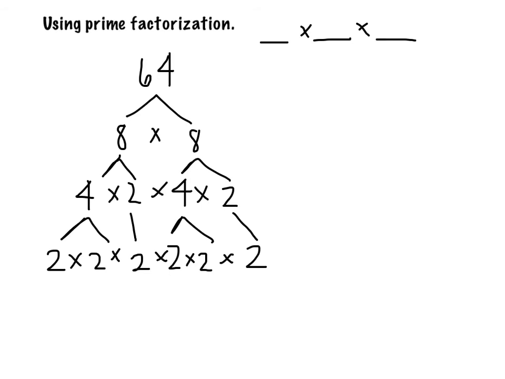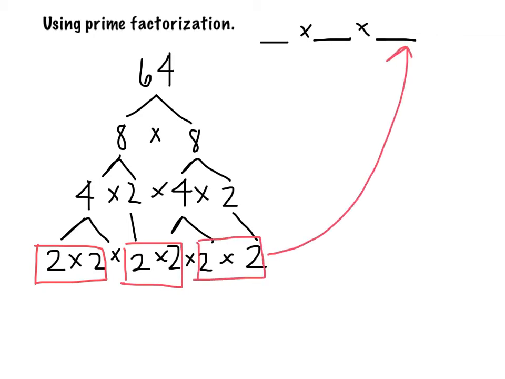And what I'm trying to do is split this prime factorization into 3 equal groups. So I notice that I have 6 2's here, and that would be 3 groups of 2 2's. So I have my 2 times 2, my 2 times 2, and my 2 times 2. And then each of those would go up here, okay?